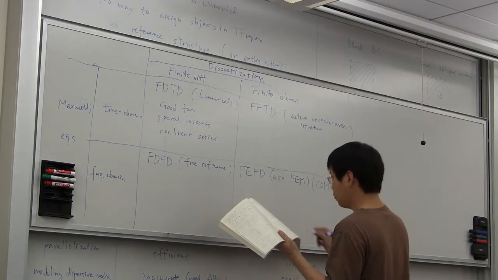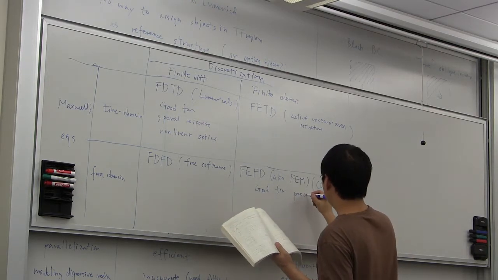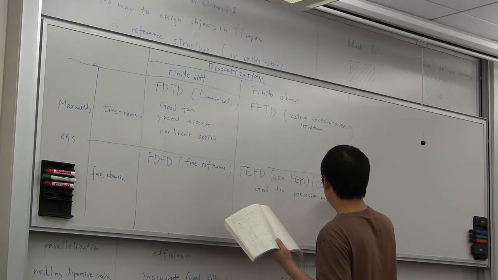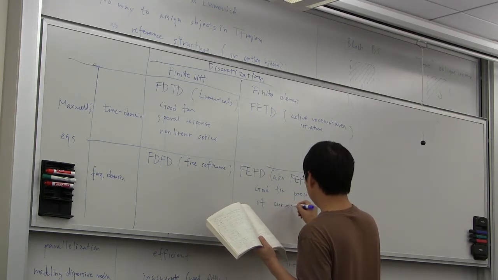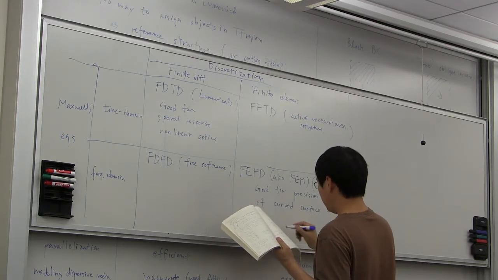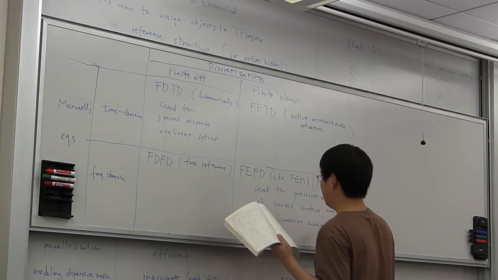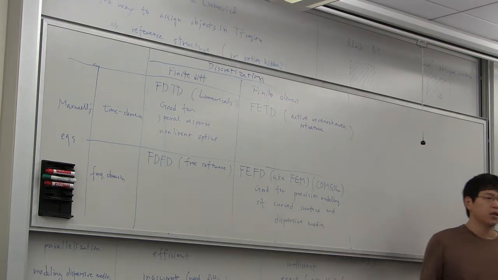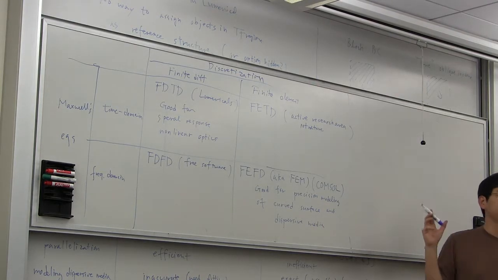And FEM is good for precision modeling of curved surfaces and dispersive media. I'll just discuss the advantages of these two because Lumerical and COMSOL are two of the most popular commercial software. So, are there any questions?